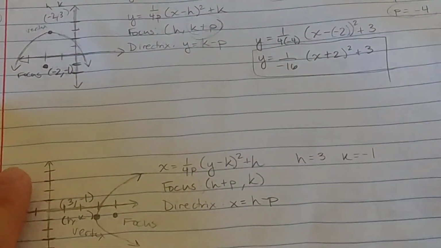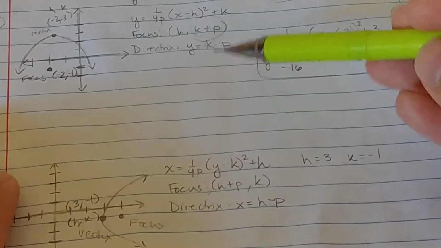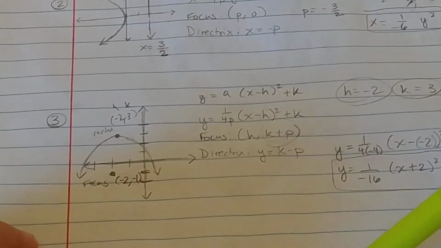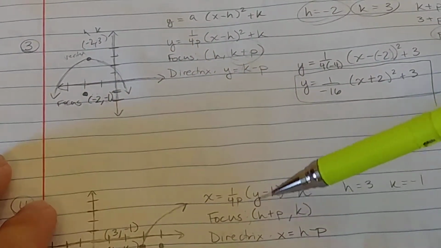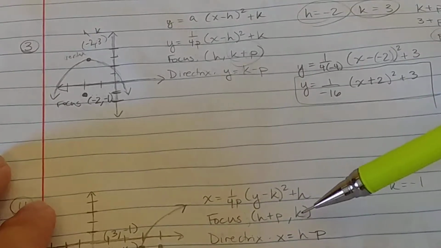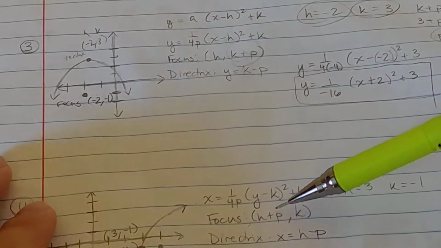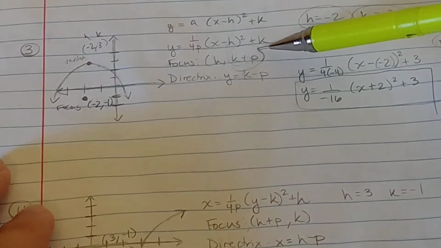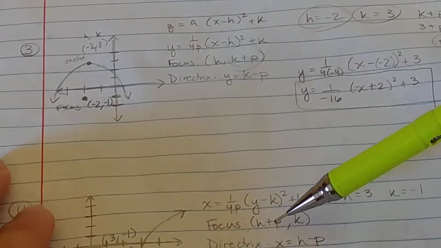Now we need to find our p, just like before. Since this is opening left and right, it's not the y that's changing, it's the x that's changing. So instead of k plus p like in the last problem, it's h plus p.